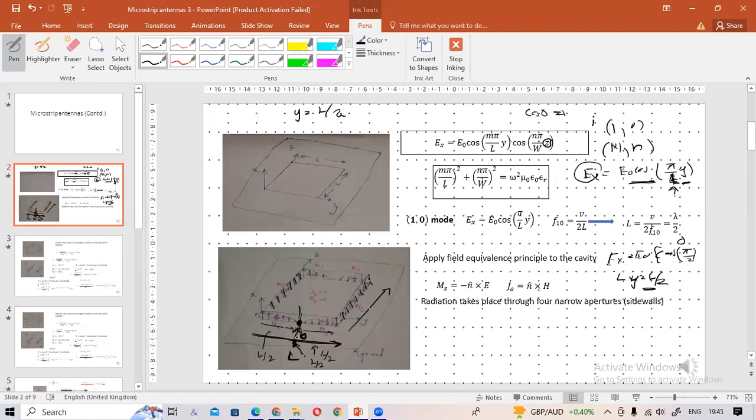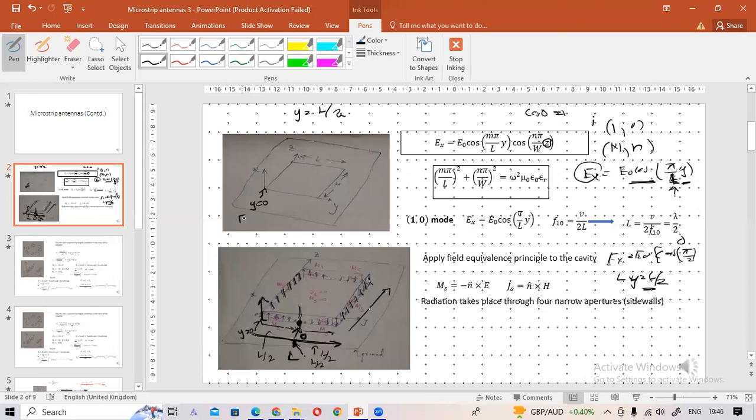And if you consider this point, you can see that here you have Y, here you have X, and here you have Z. This is the point Y is equal to 0.